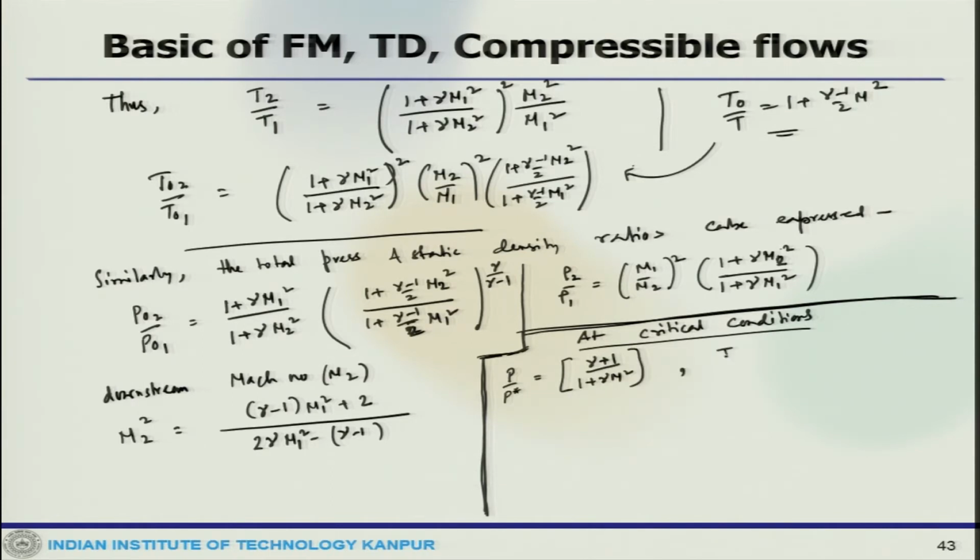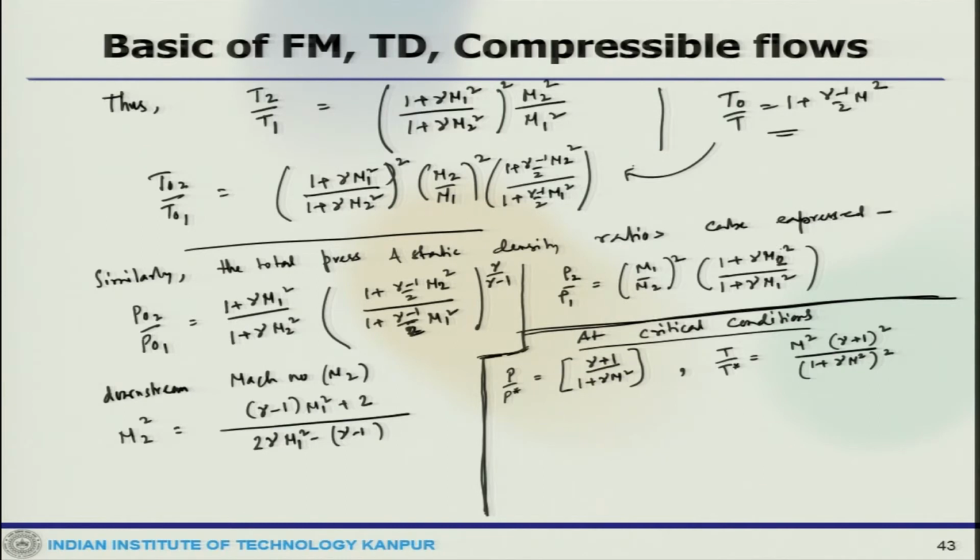Then we have T by T star, which would be m square into gamma plus 1 whole square by 1 plus gamma m square whole square.